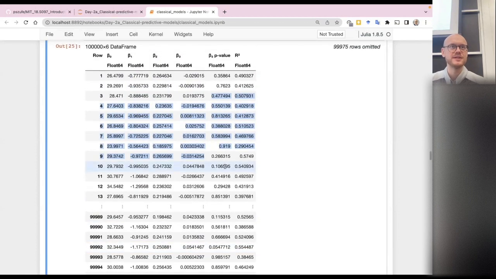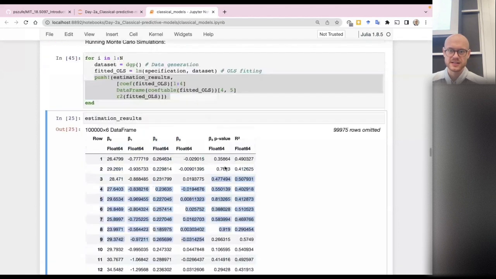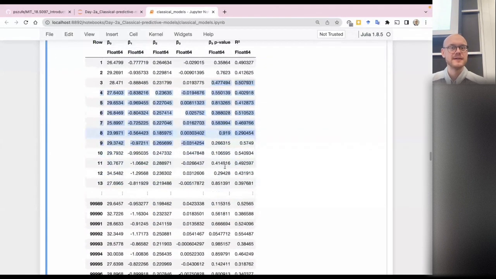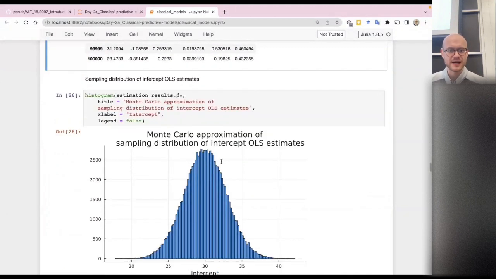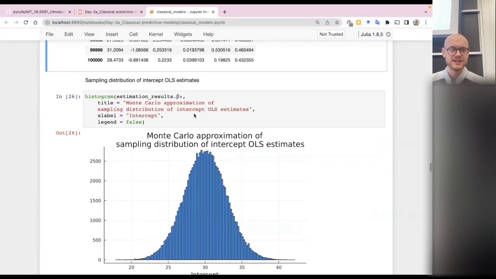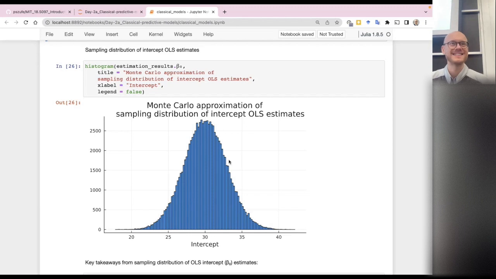So in all those rows, in all those simulations, statistical testing was correct, which is amazing. We will see if it is something regular.